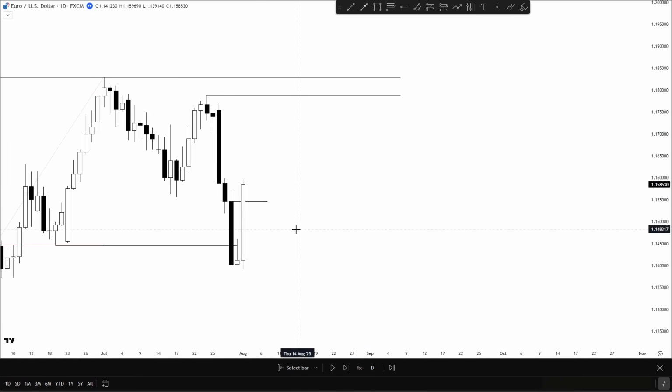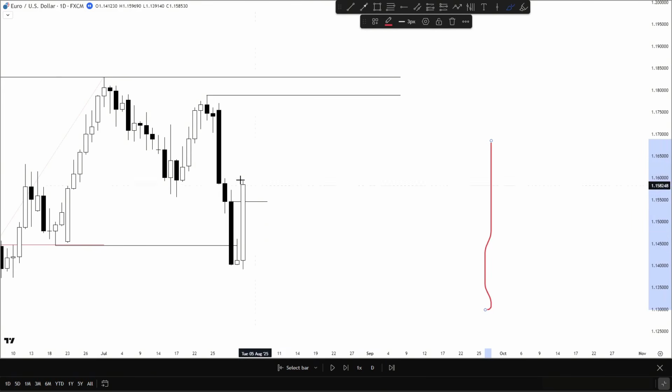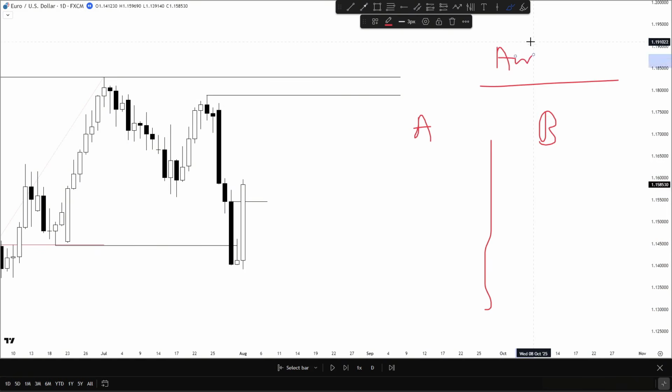Now let's say we have two types of traders dealing with this weekly directional bias, which is bullish. We've got trader A and trader B. Trader A is fully equipped with the correct anticipatory skills, meaning he knows what weekly profiles are and their significance.